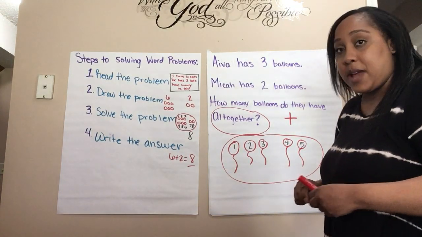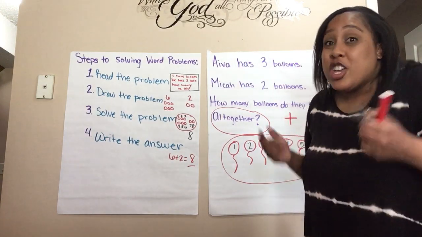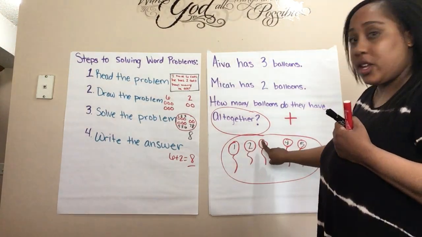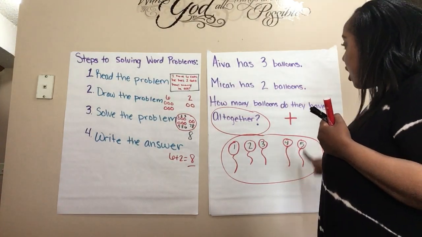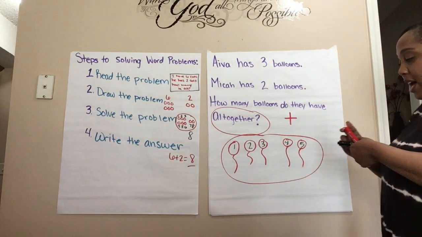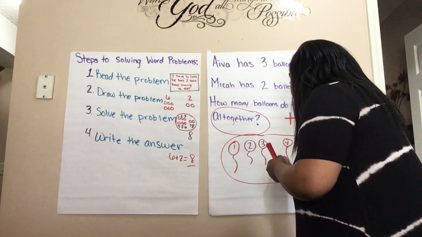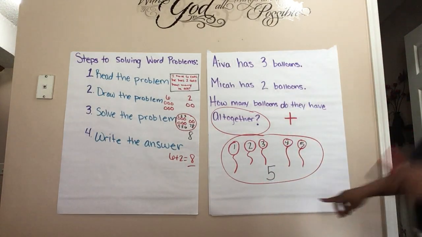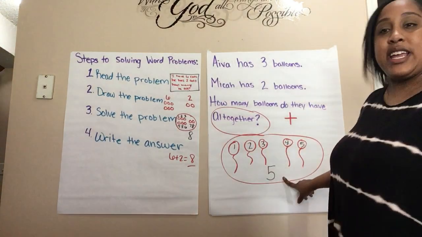A good mathematician always checks their work. You can double count and make sure. 1, 2, 3, 4, 5. So they have 5 balloons all together. Write our answer.